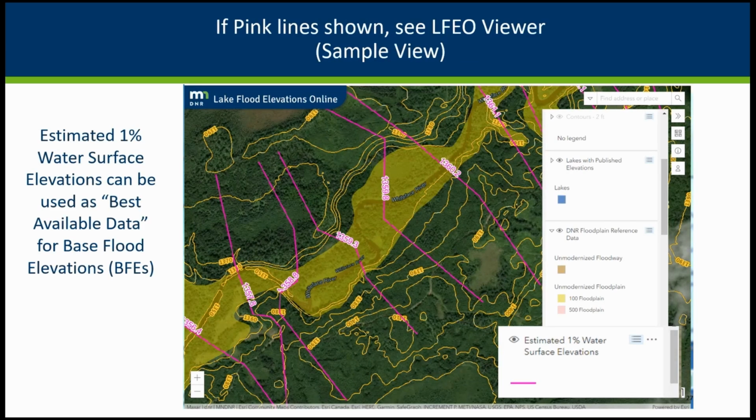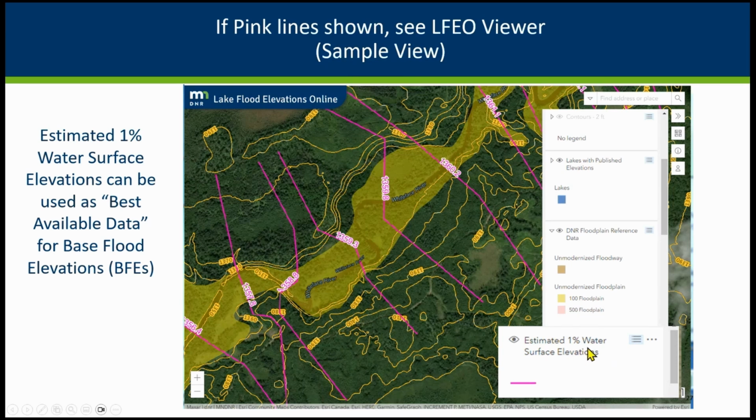So we've already mentioned our pink lines. I know that we've talked about our Lake and Flood Elevations Online viewer in many of our other trainings. And if you're not already familiar with this site, it'd be a great one to get to be familiar with. But one of the layers that we do have here is the estimated 1% water surface elevations.